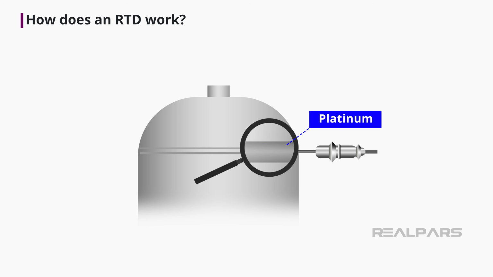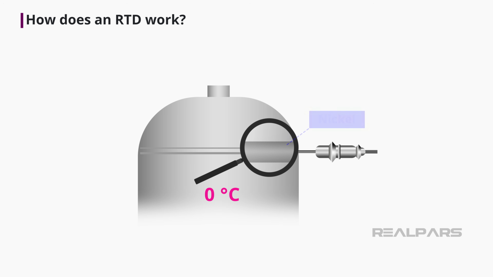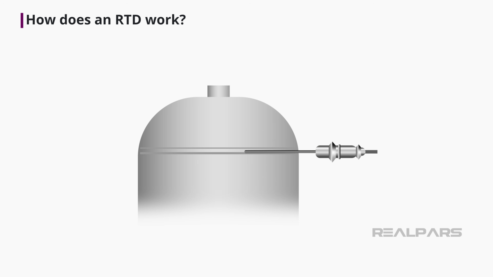The most popular RTD sensors are platinum ones, such as the PT100 and the PT1000, which have 100 and 1000 ohms of resistance at 0 degrees Celsius respectively, and nickel ones, such as the Ni500, with 500 ohms of resistance at 0 degrees Celsius. Let's take a look at the different components of an RTD.